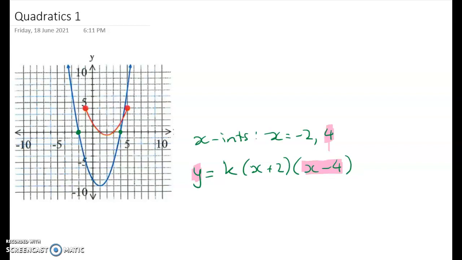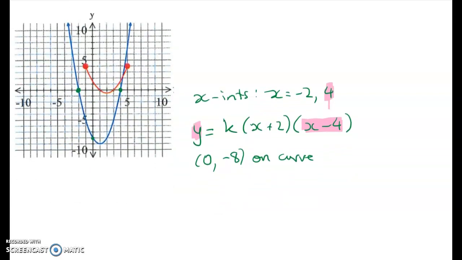The next thing I need to do is to use a point somewhere on that curve to figure out the scale factor. In this case, the point that I'm going to use is a different one from what I used in class. I'm going to use the y-intercept. We know that (0, -8) is on the curve, so I can substitute that in. That gives me -8 is equal to k times (0 + 2) times (0 - 4).